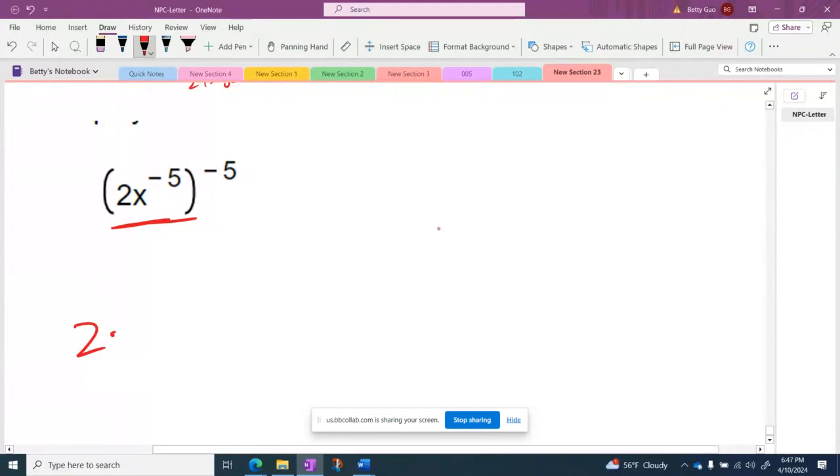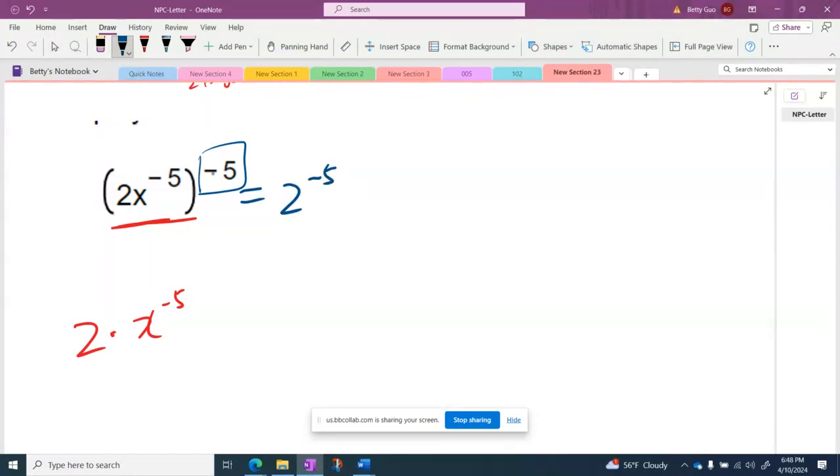The first factor is 2, the second factor is x to the power -5. So I'm going to apply the power of a product equals the product of powers. Apply the exponent -5 on 2, and then apply the exponent -5 on x to the power -5. Apply the -5 exponent on each part in the multiplication, like that.